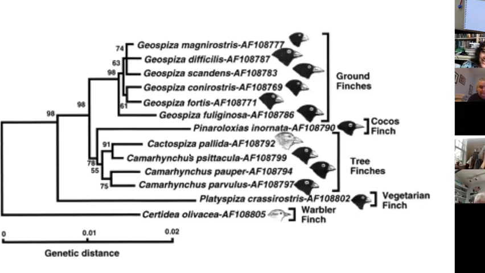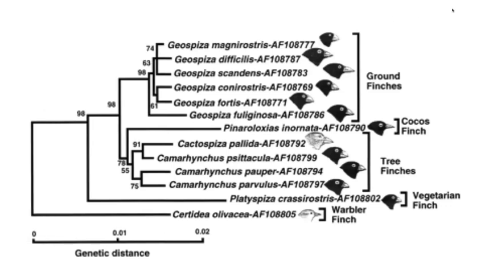But this is a sort of analysis of the DNA of these birds. And what we find is that they kind of lump into a few little groups. There is a group called ground finches, and there are tree finches, and then there's a few other odd finches that are in their own genus.